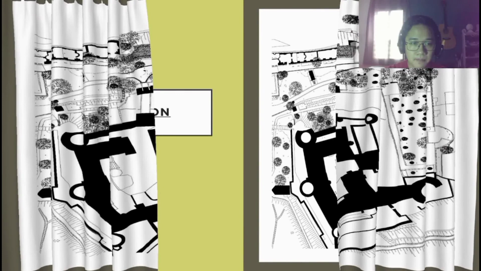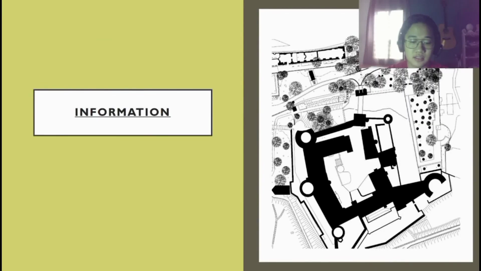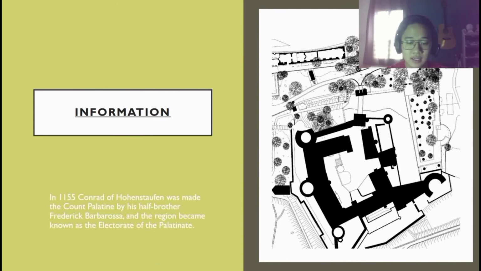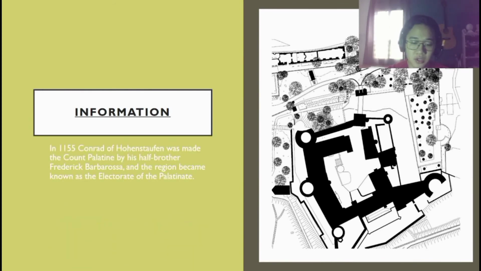Heidelberg was first mentioned in 1196 as Heidelberg. In 1155, Conrad of Hohenstaufen was made the Count Palatine by his half-brother Frederick Barbarossa, and the region became known as the Electorate of the Palatinate.